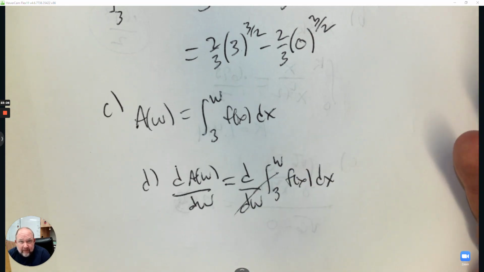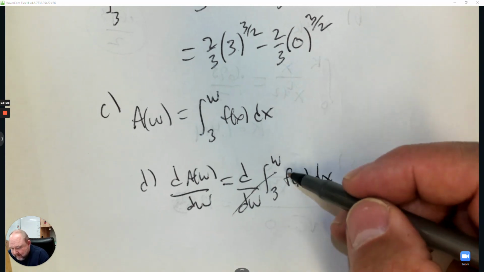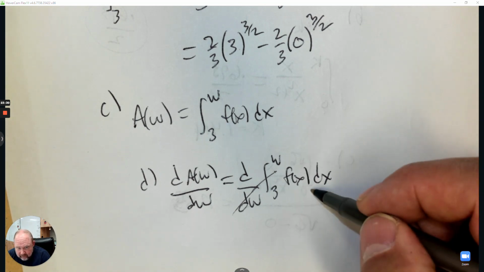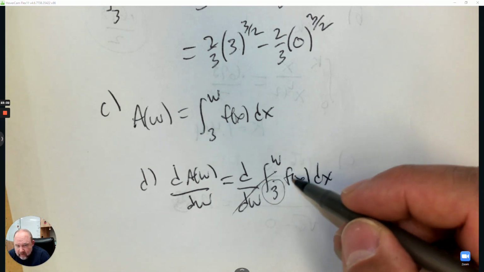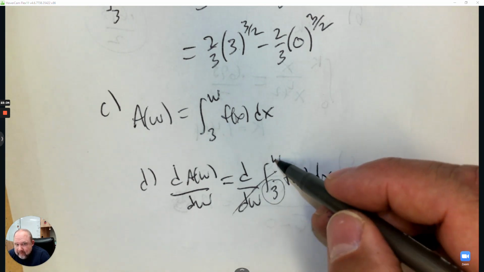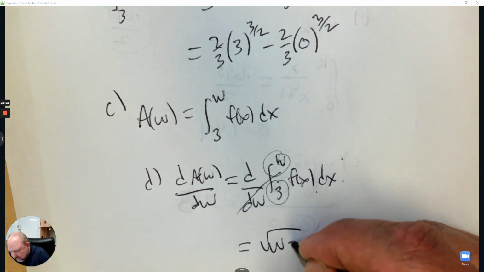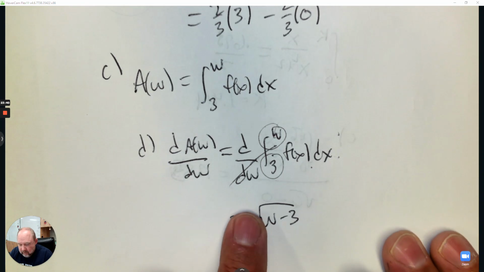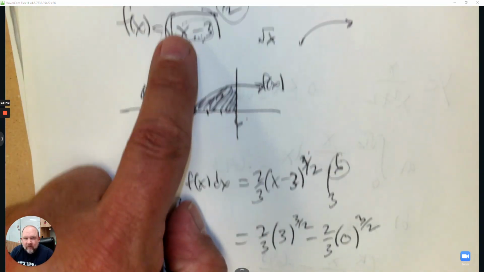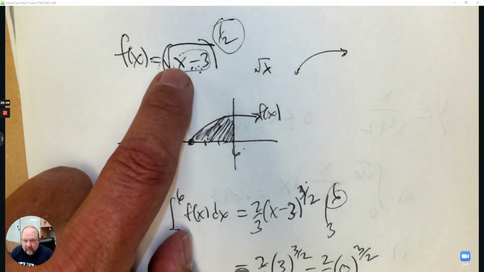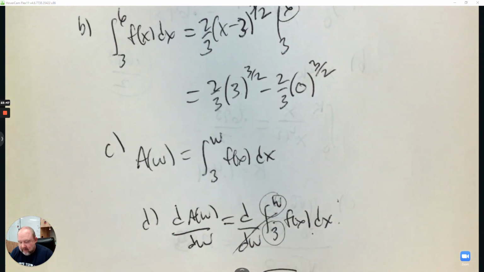This is the fundamental theorem of calculus, and this ends up being a substitution question. Now the denominator, when you do that, it's just going to be 0. But the numerator, I'm just going to plug that directly into the equation. So it's going to end up being the square root of w take away 3. So it just becomes a substitution question where you take out the x and put in w.